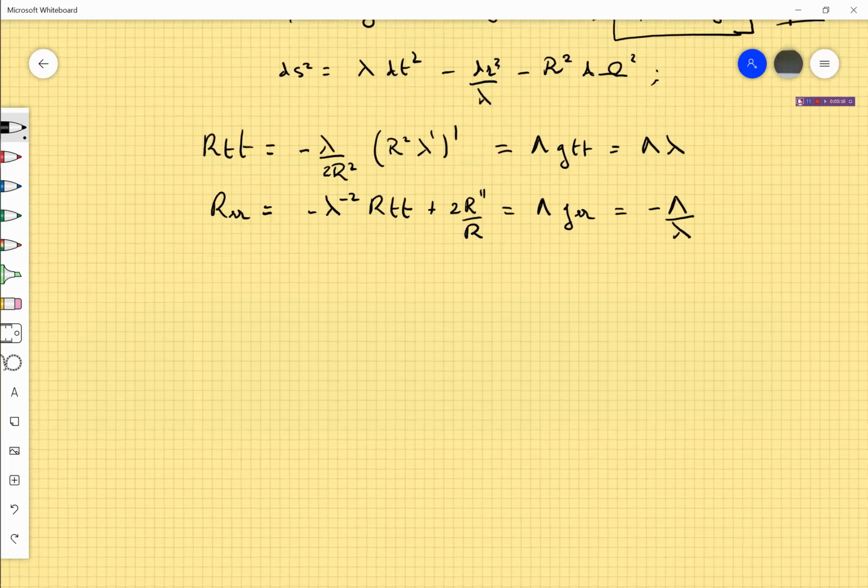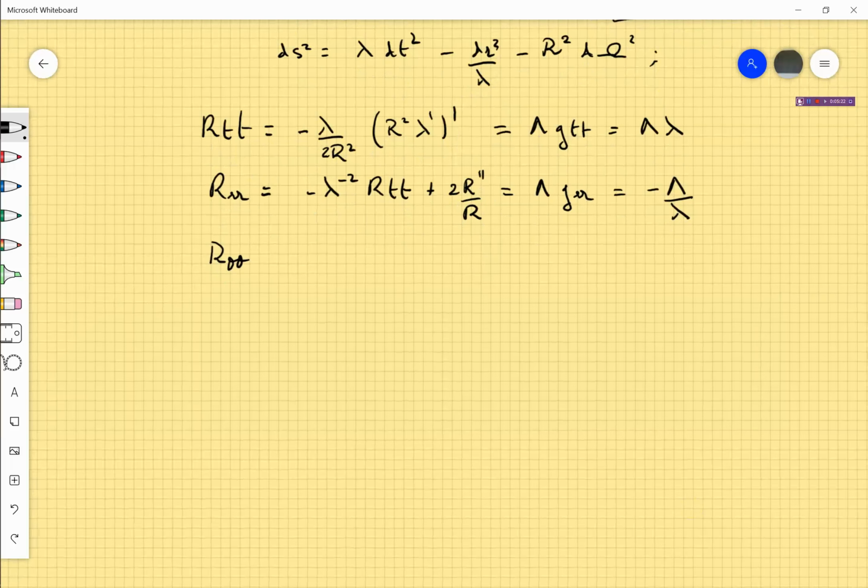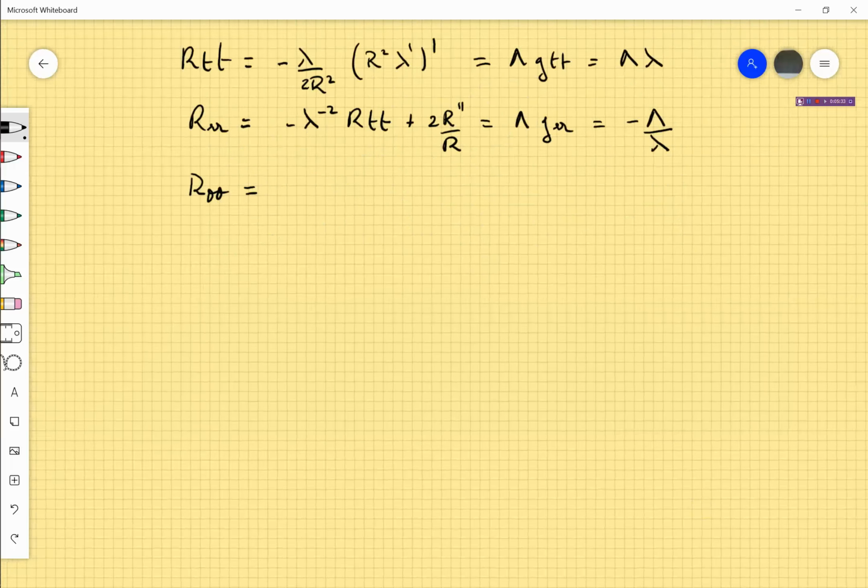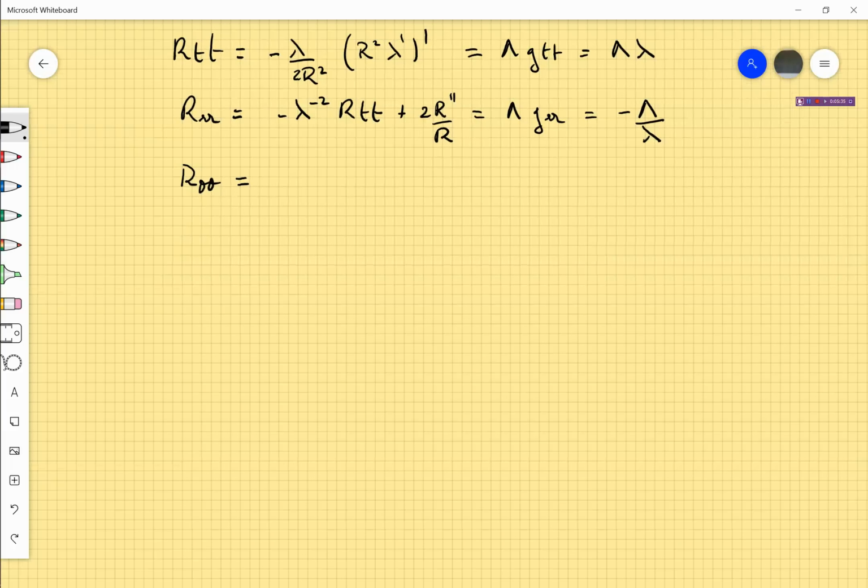Let's also consider R theta theta, although, as we discussed in the previous video, this depends on the other two and should not give us anything different. Still, let's write it and then we can check it, because in this case it is easy to do.